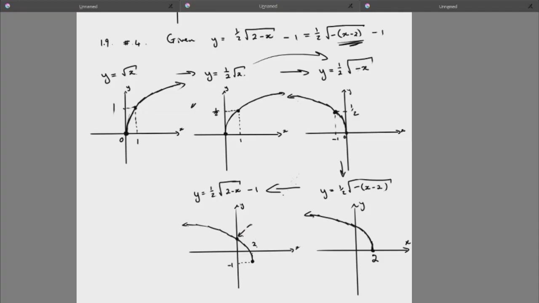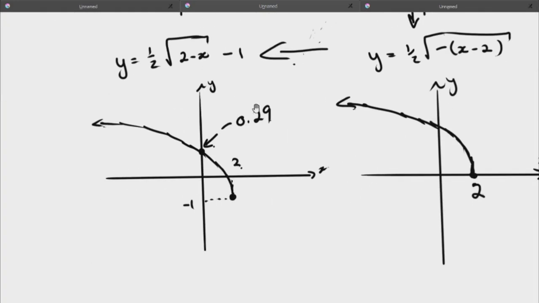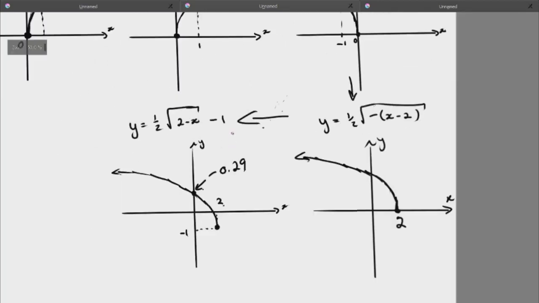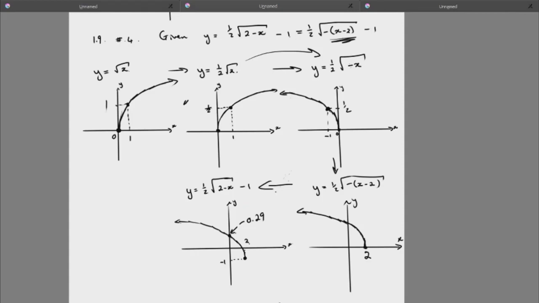29. Negative 0.29. Let me zoom in. So what can I conclude? Is my calculation wrong? Is my graph wrong? Is anything wrong? Is all of this just wrong? Something has to change because it doesn't match up.